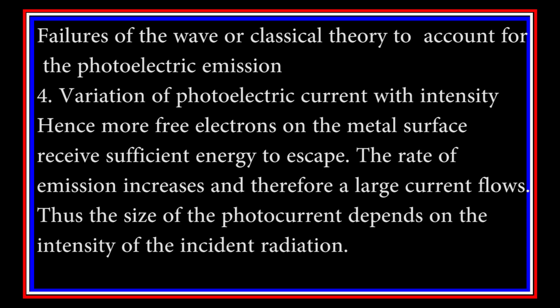Hence, more free electrons on the metal surface receive sufficient energy to escape. The rate of emission increases and therefore a large current flows. Thus, the size of the photocurrent depends on the intensity of incident radiation.